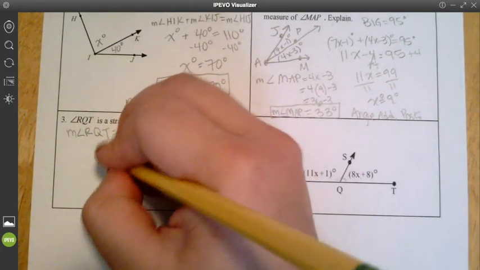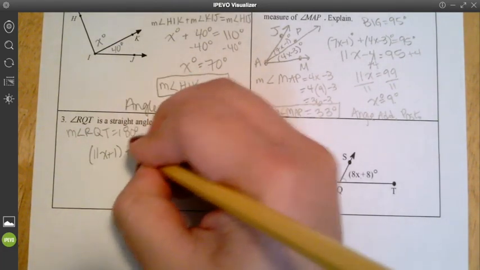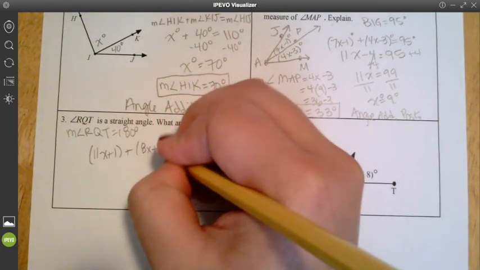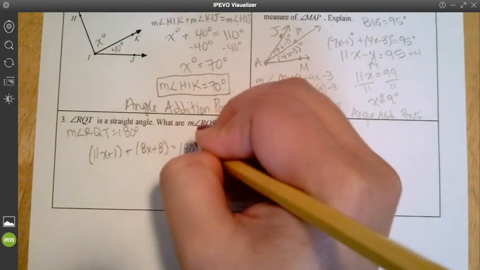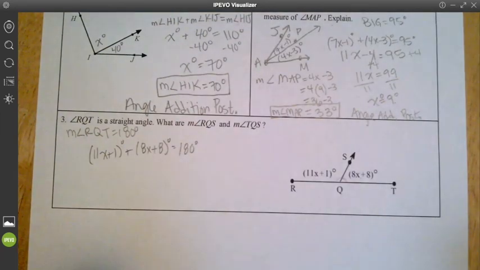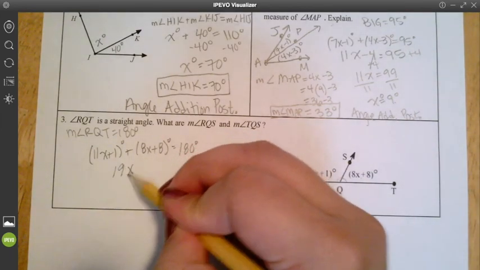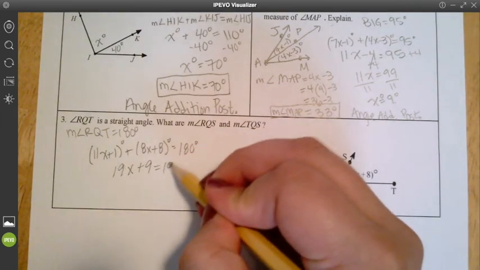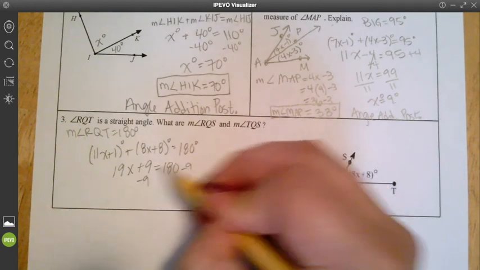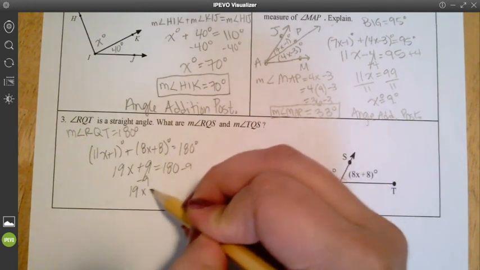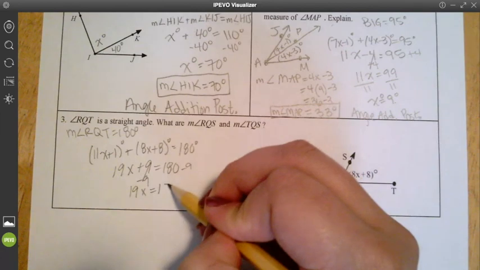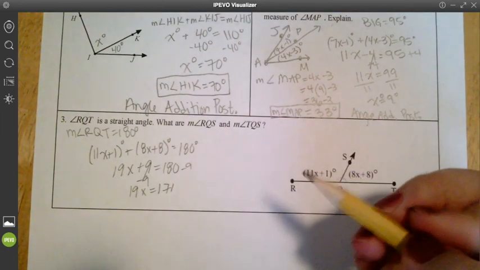So 11x plus 1 plus 8x plus 8 equals 180. Collecting like terms, we find that 19x plus 9 equals 180 minus 9, 19x equals 171.